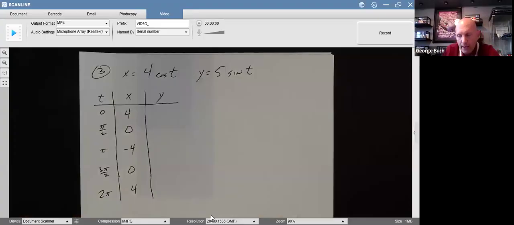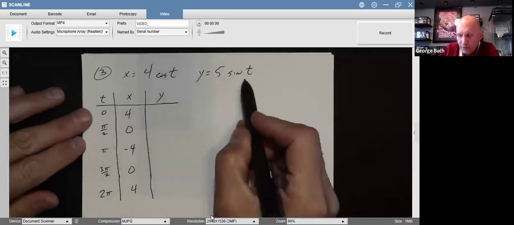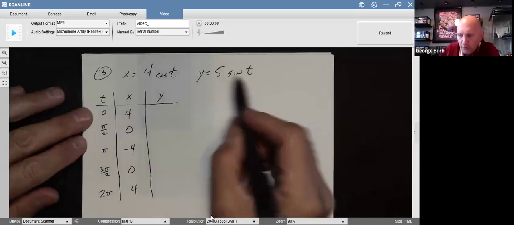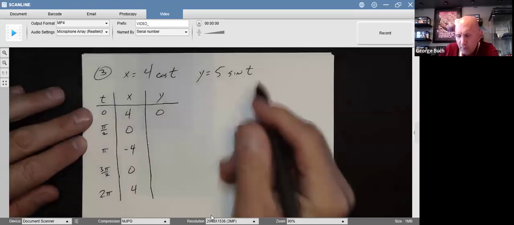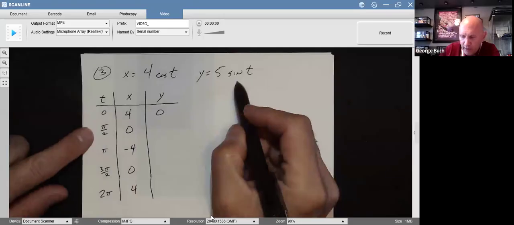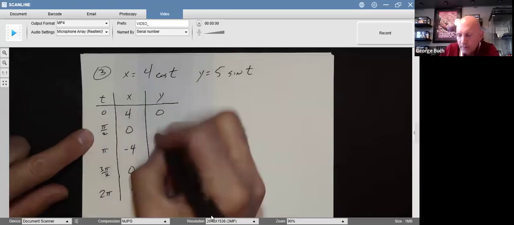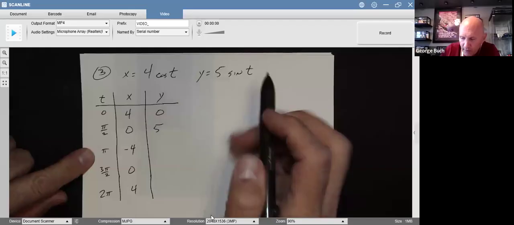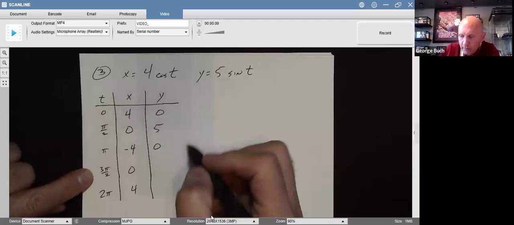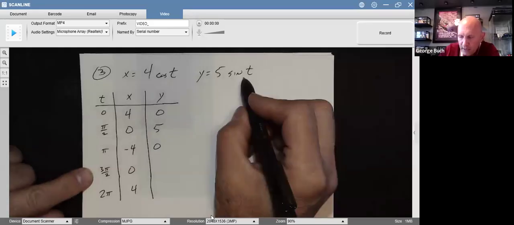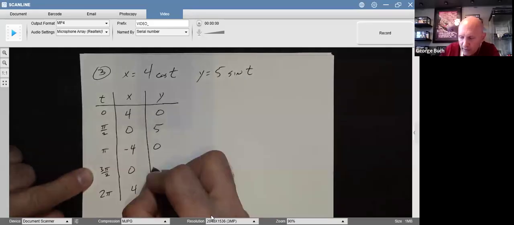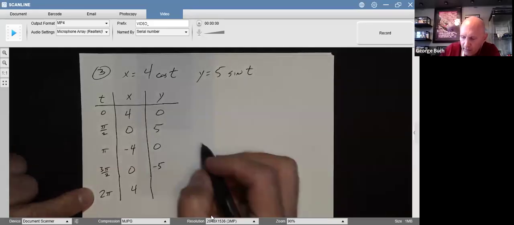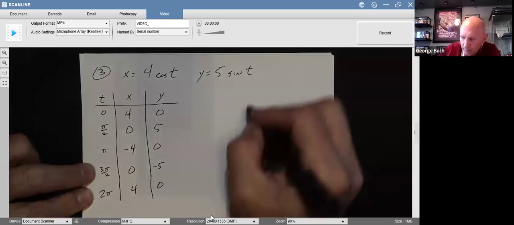Now let's do y. Sine of 0 radians is 0 times 5 is 0. Sine of pi over 2 is 1 times 5 is 5. Sine of pi is 0 times 5 is 0. Sine of 3 pi over 2, -1 times 5 is -5, and then 0 again.